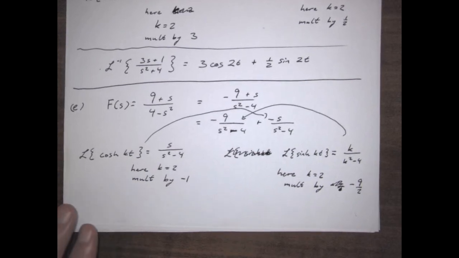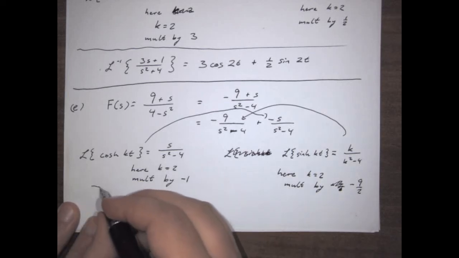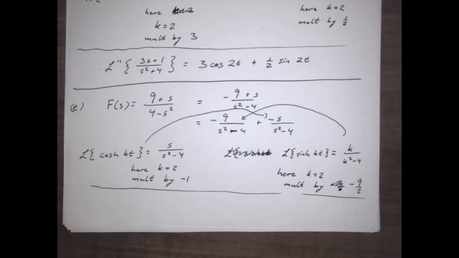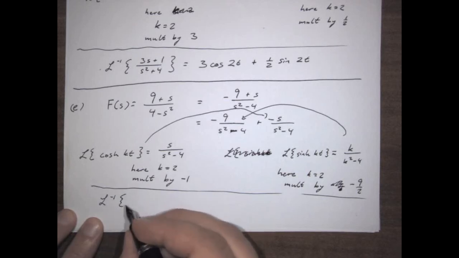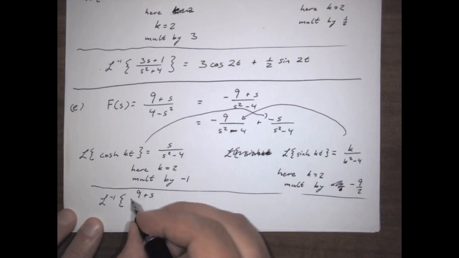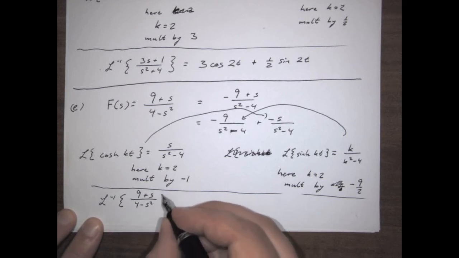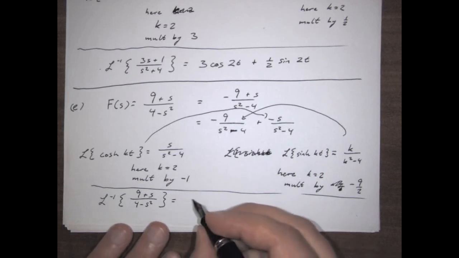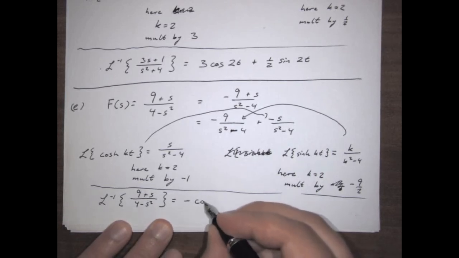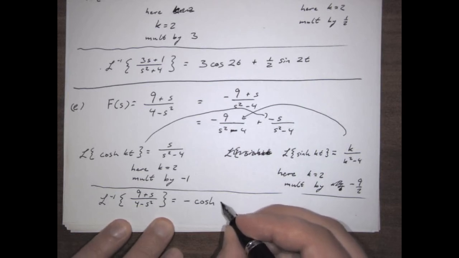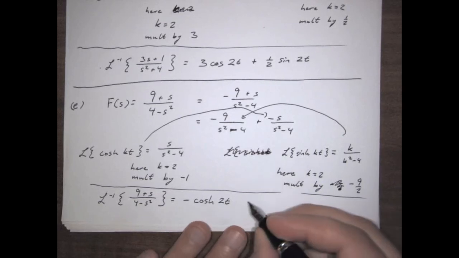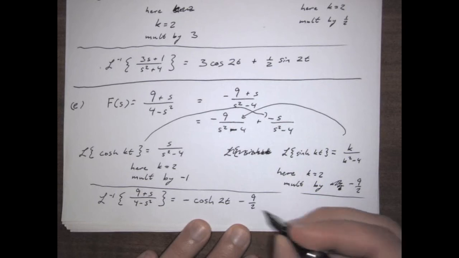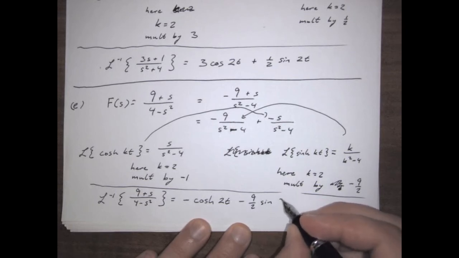Okay. So then what we've got here is the inverse Laplace transform of 9 plus s over 4 minus s squared will be equal to negative cosh 2t, and then minus 9/2 sinh 2t.